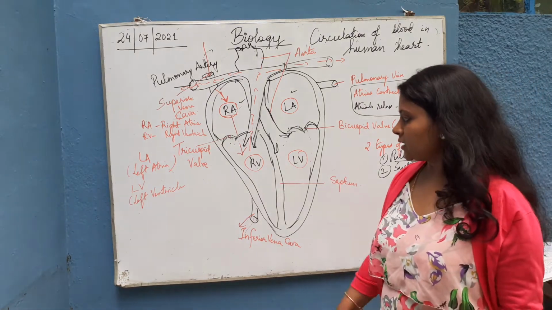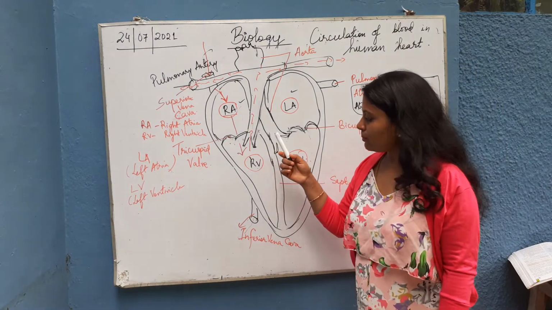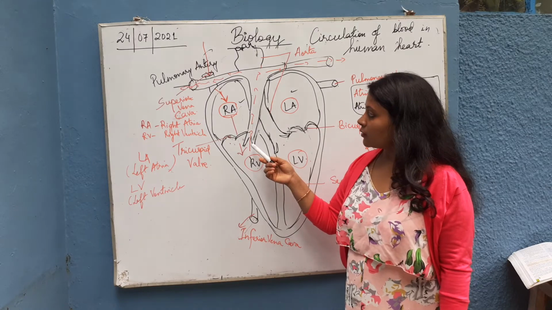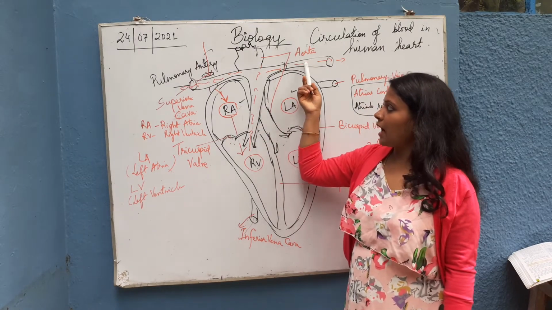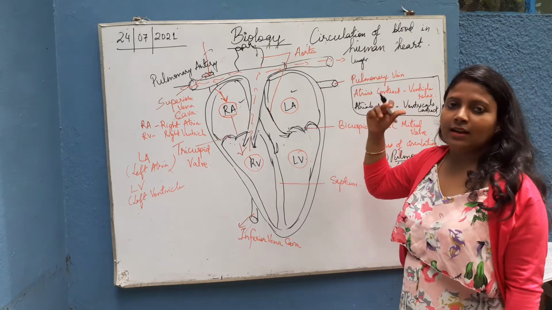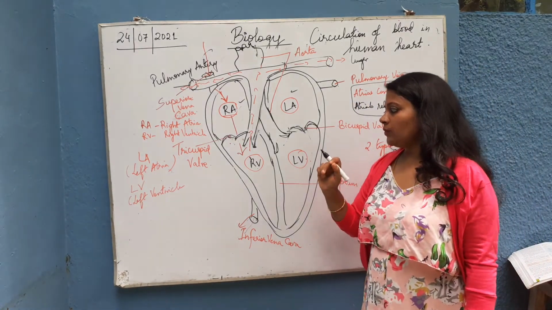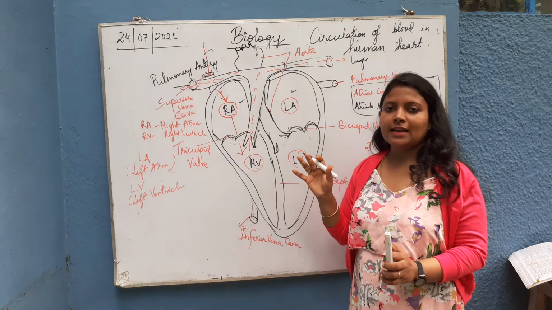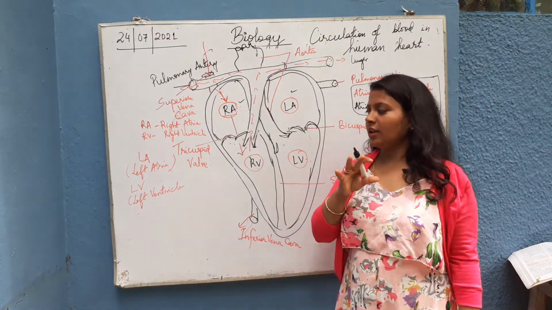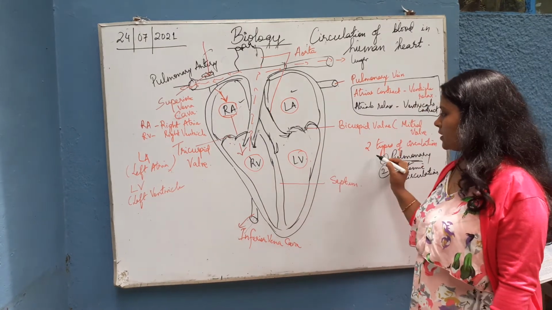The blood has traveled from the right ventricle through the pulmonary artery. It has reached the lungs, left lung and right lung. So up to here we call it the pulmonary circulation. So blood flows twice in the heart, as we have heard. That is because of these two types.